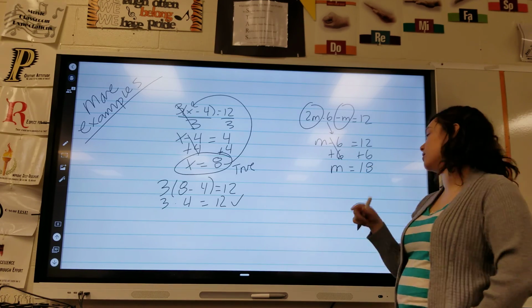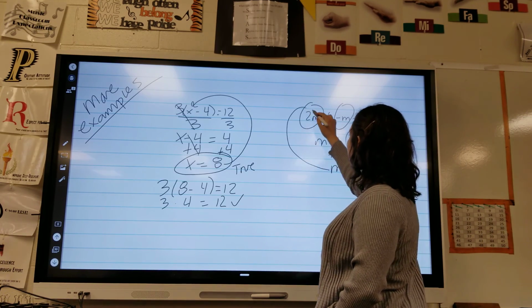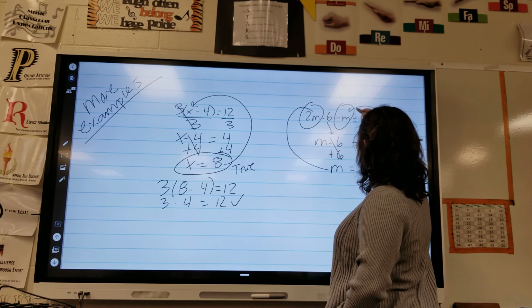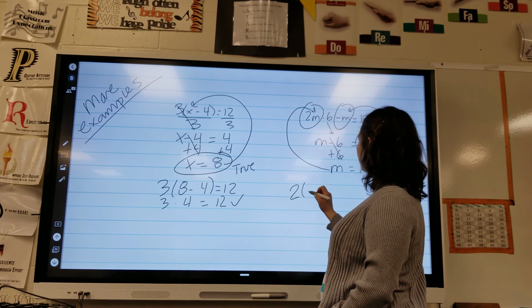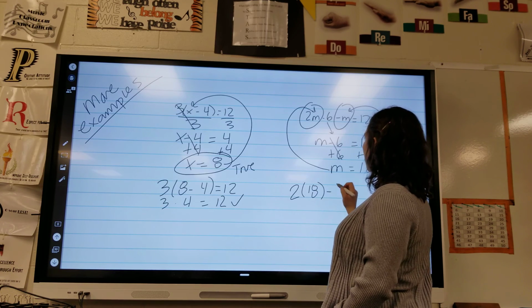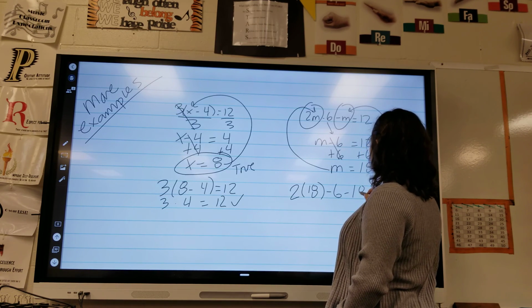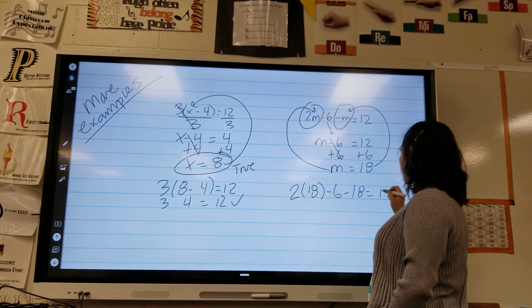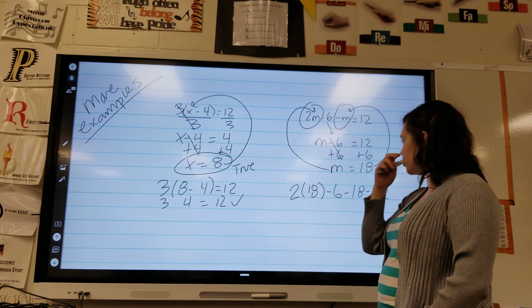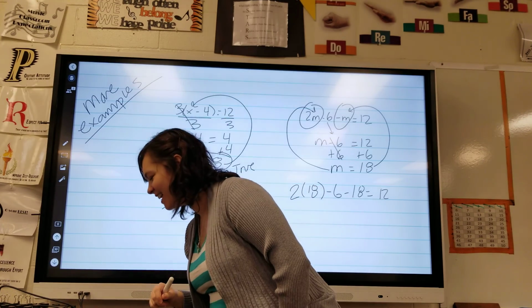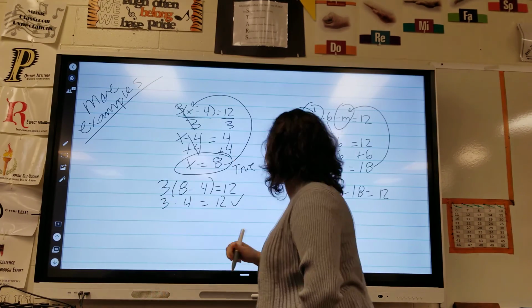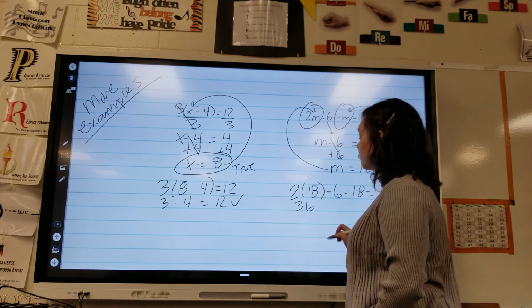Well, I don't know. I got to check. So I'm going to put this in for both the m's and double check. 2 times 18 minus 6 minus 18. Let's see if that equals 12. 2 times 18 is 36. Thank you, book, for helping me with math this morning.